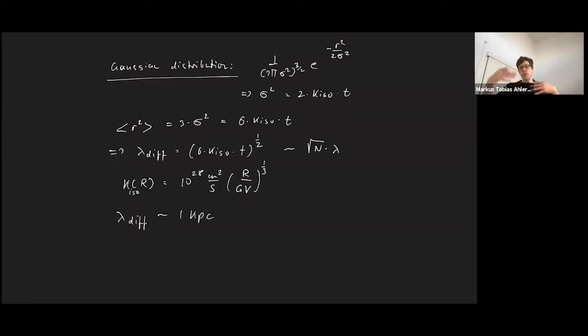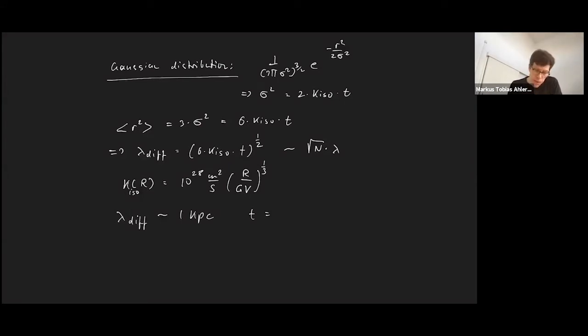Our distance from the galactic center is of the order of 7 to 8 kiloparsec, so 1 kiloparsec is about the length scale of the galaxy. Inverting this equation that we derived here, we can estimate the time scale it takes for cosmic rays at 1 gigavolt rigidity to arrive at Earth.